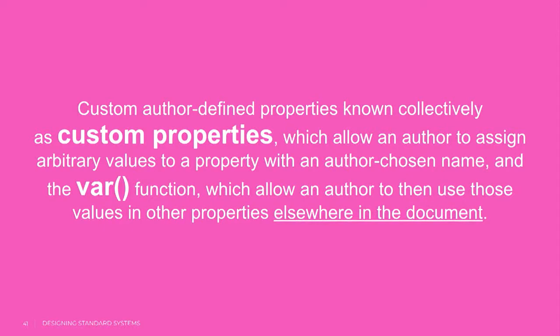All right, so what is a custom property? Custom properties are author-defined properties. They allow arbitrary values to be assigned to an author-chosen name. When inside of a var function, it allows that custom property, that new author-defined name, to be used anywhere or elsewhere inside of your documentation.